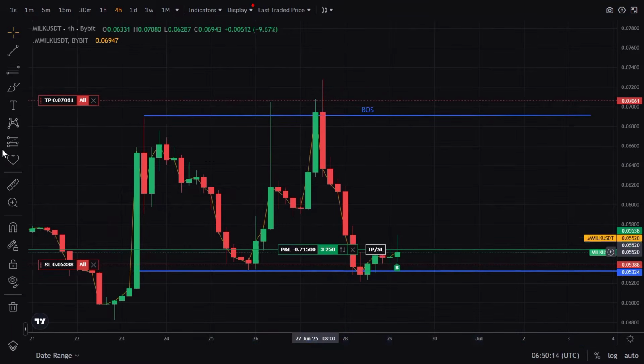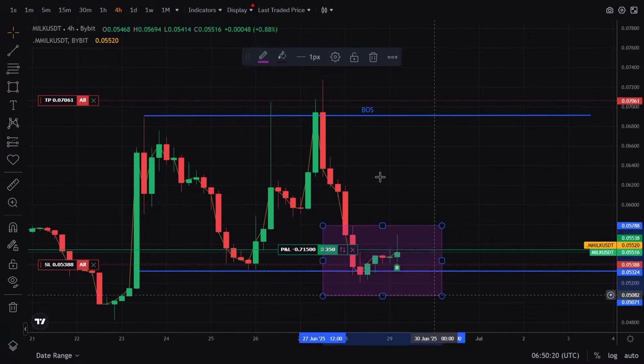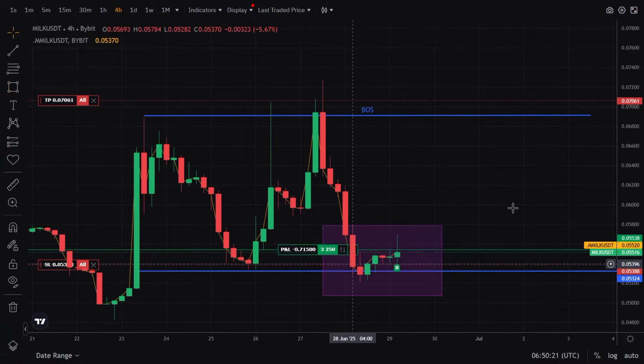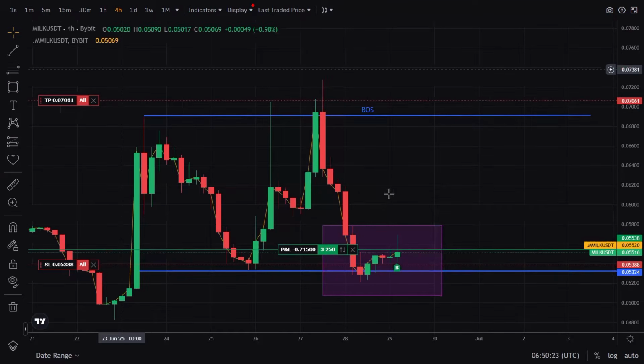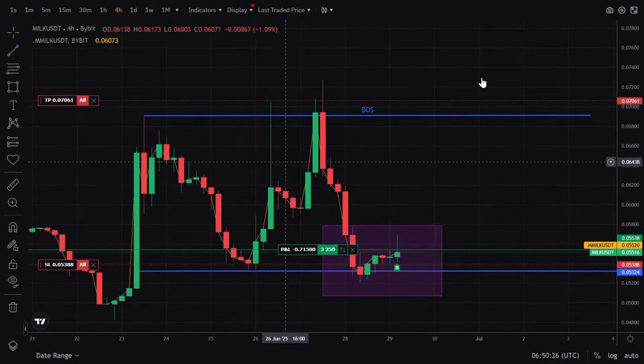Now, we want to come down to this level. This is where the magic happens. This is current price action. So we want to come down to this level and then go over to smaller time frames and check what's going on. I want to plot this on 15 minutes or 30 minutes.